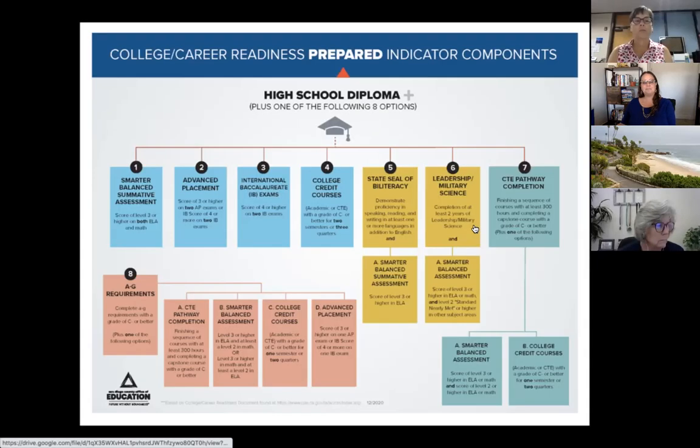So the state does have some ways to communicate what's happening on the indicator, but this is something that our counseling department put together at SDCOE because it gives more of a view of which option students are taking along the way. So I want to give you this overview. We're going to get into each one of these individually, and so I don't want to confuse you.